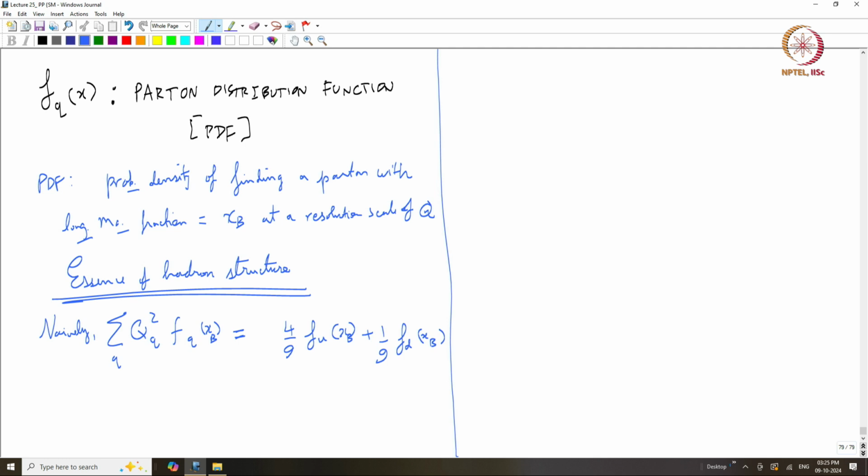And how will I model the fu and fd? I will say that there is an up quark sitting in there and there are 2 of those. So, I will put a 2, and my up quark carries 1/3 of the momentum of the proton, and then the down quark, there is only one down quark, that also carries 1/3 of the momentum of the proton.